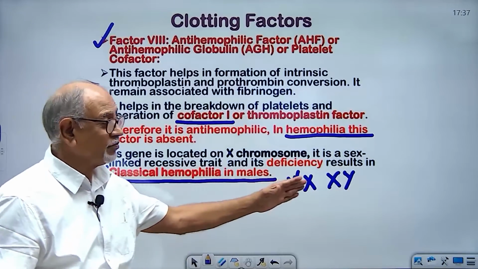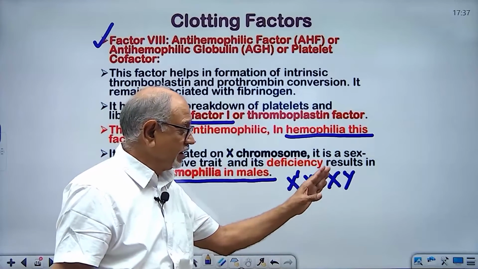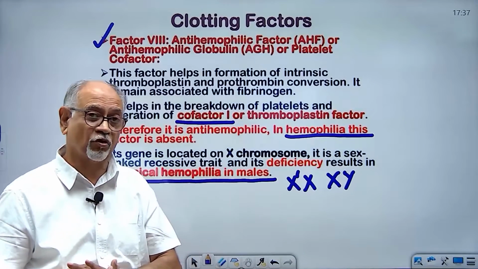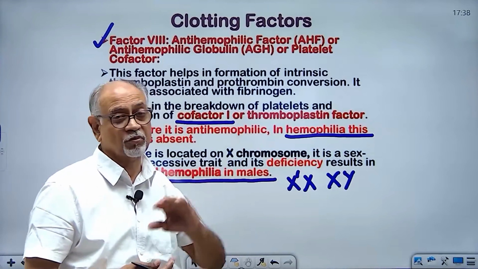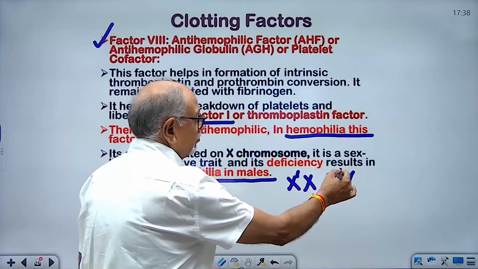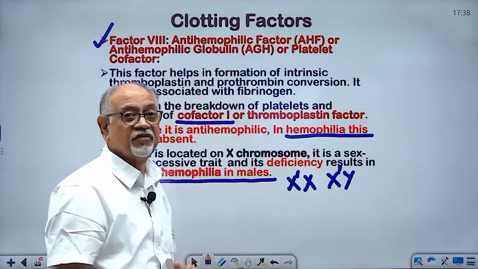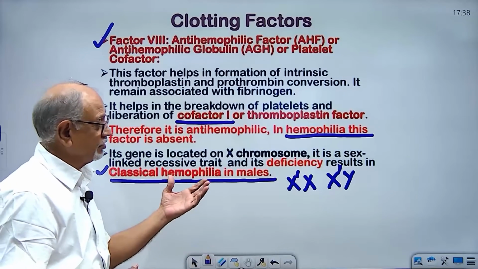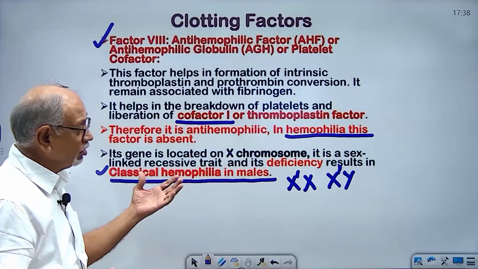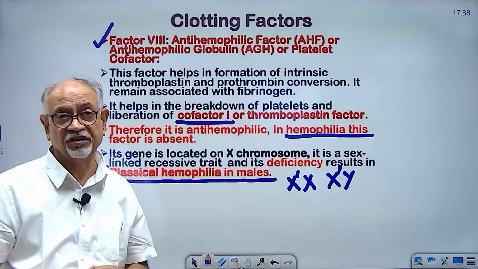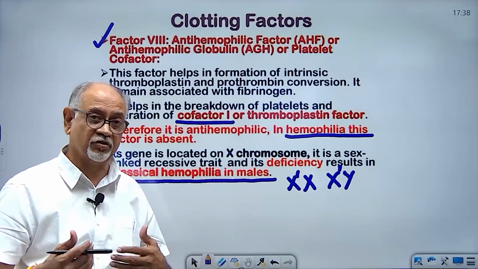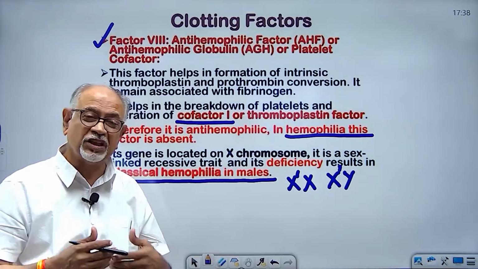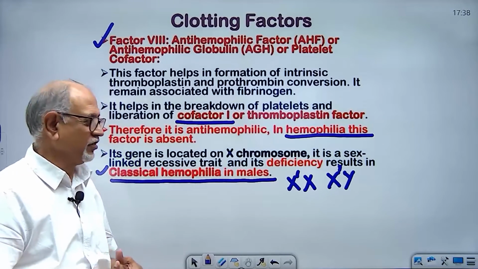But in case of males, if there is only 1 X chromosome, and if the defective gene is present on that X chromosome, that means the male is bound to be defective. So therefore, this disease and all the X-linked recessive diseases are found more in males as compared to females. Females are mostly carriers of such type of diseases.